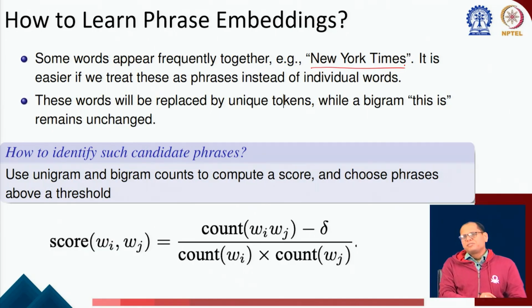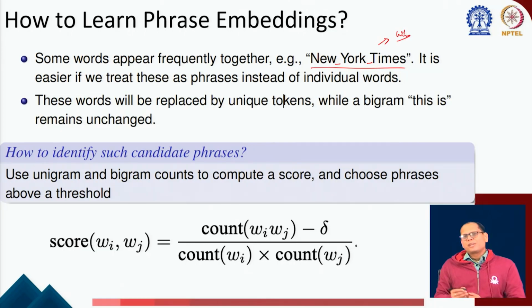This is not very difficult if you think about it. In the data, wherever New York Times occurs, I can just call it a single token. Maybe I can remove the spaces and say, okay, this is a single token. Wherever this occurs, treat it as a single token, and then I can learn a representation for this single token like I am doing for every other token. So that is possible.